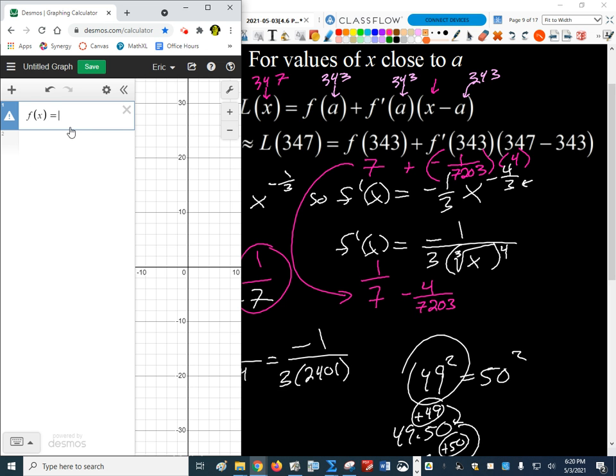F of x is 1 divided by cube root of x. And this is kind of cool, maybe you don't know about this, but I'm going to say g of x is equal to f prime of x. And so now in Desmos, I can check this whole thing.